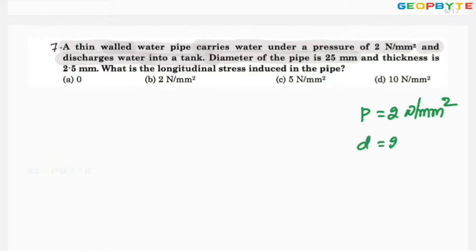Diameter given 25 millimeters and thickness is 2.5 mm. Thickness of the vessel is given 2.5 millimeters. What is the longitudinal stress induced in the pipe? You are asked to find the longitudinal stress.